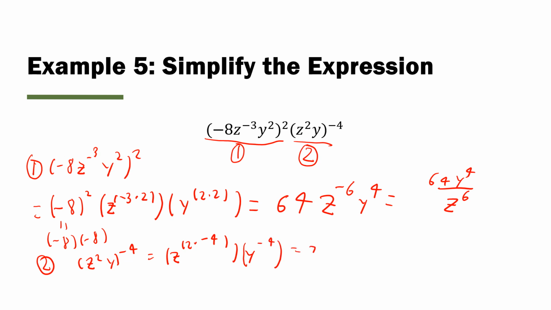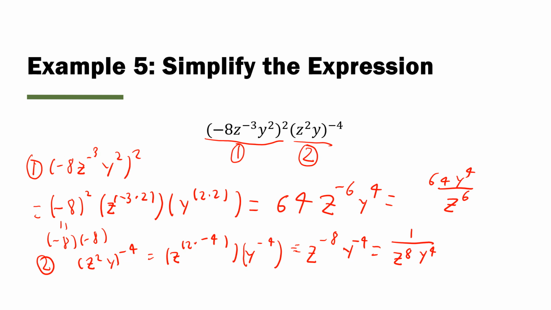So this becomes z to the power of 2 times negative 4 is negative 8. Y to the power of negative 4 is just going to stay. And I can move both of these to the denominator of a fraction and negate the exponent. So we get z to the power of 8 and y to the power of 4 in the denominator.